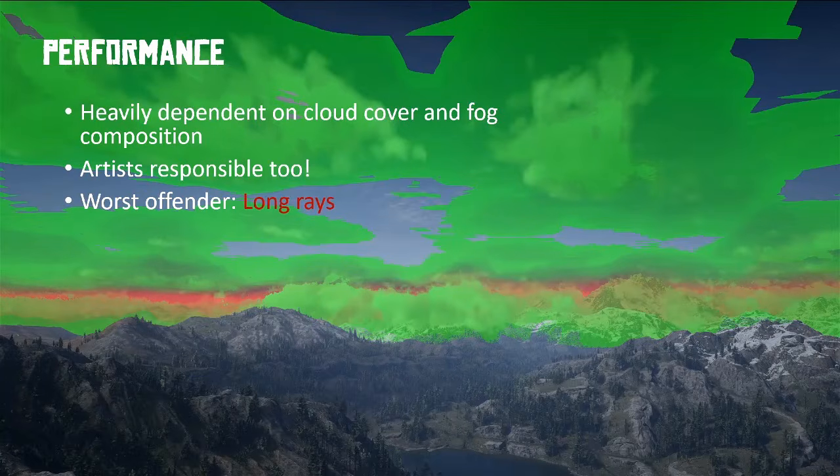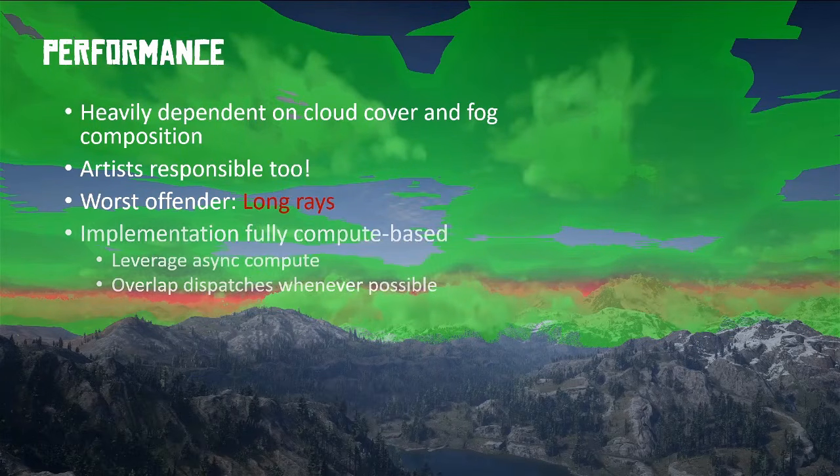So in this example here, we can see which ones are the most expensive rays. And what we want to do is essentially avoid wavefronts that have to loop in this ray for a very long time, while others are already done with their workload, which reduces utilization.